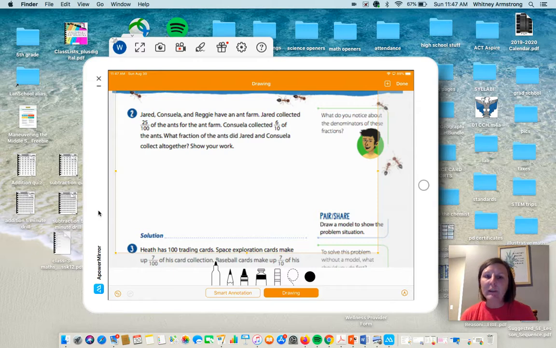Jared collected 25 hundredths of the ants for the ant farm. Consuela collected 6/10ths of the ants. What fraction of the ants did Jared and Consuela collect all together? So I want you to try and figure it out on your own, work your problem out, and then when we come back here in just a second, we'll work it out together. Okay, so I know the first thing I need to do is circle my important information.